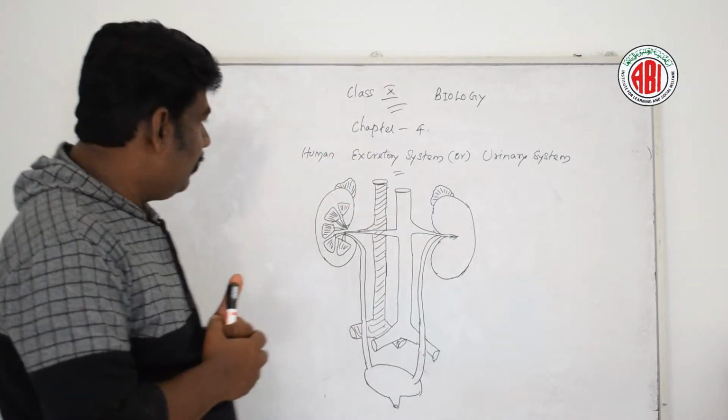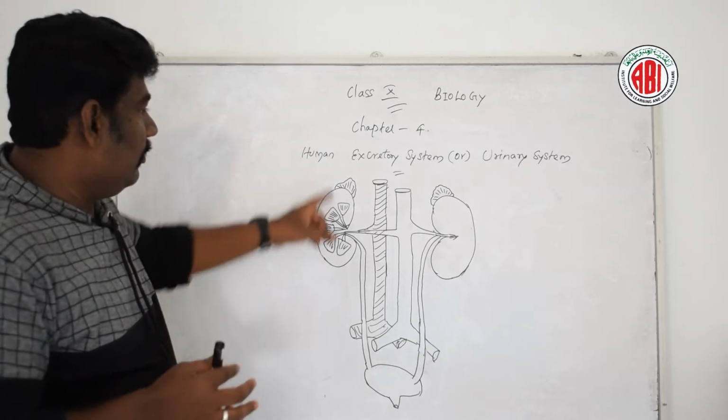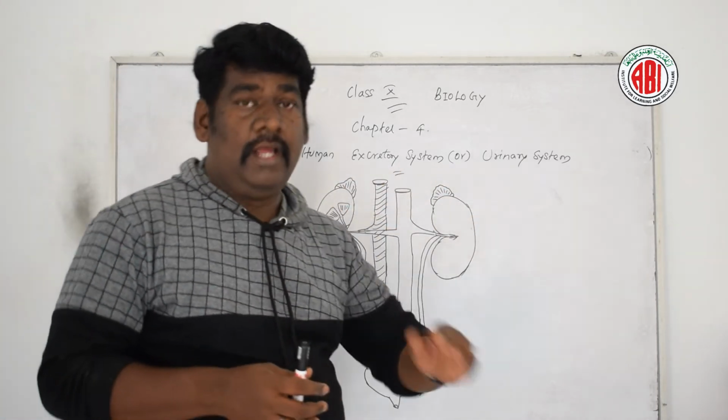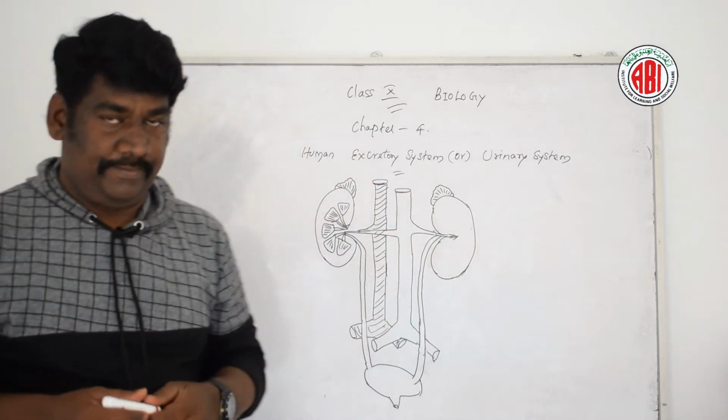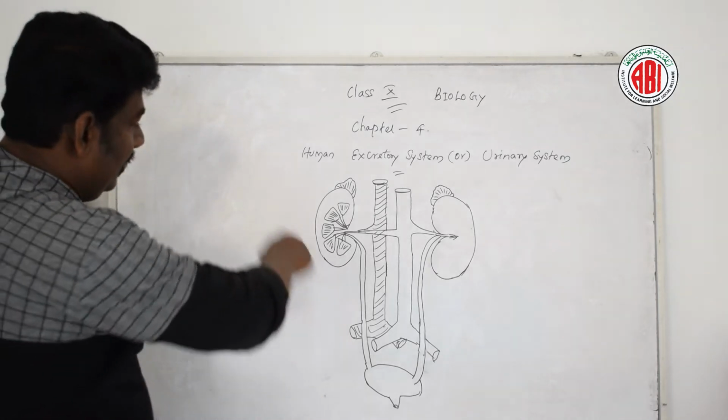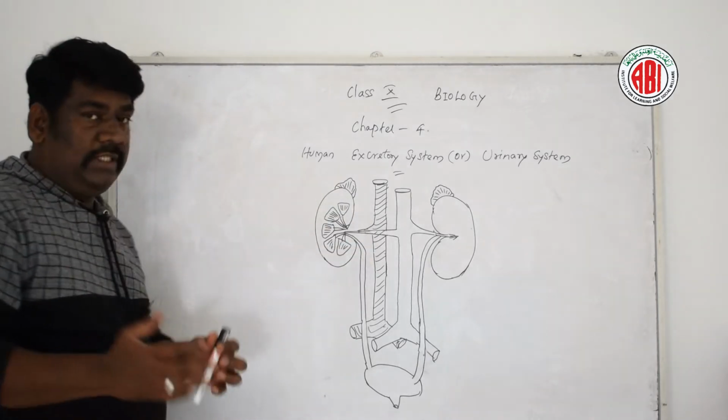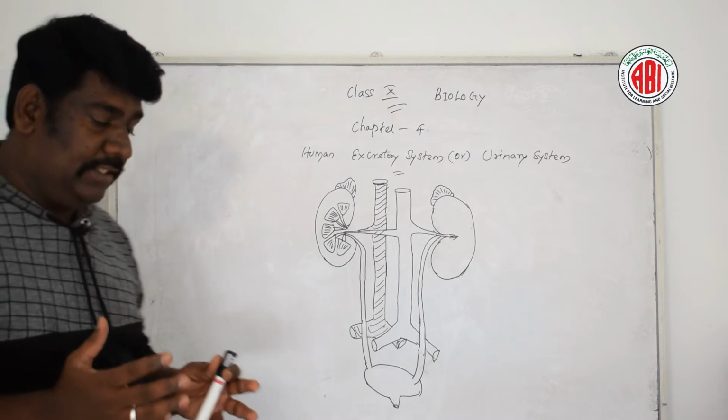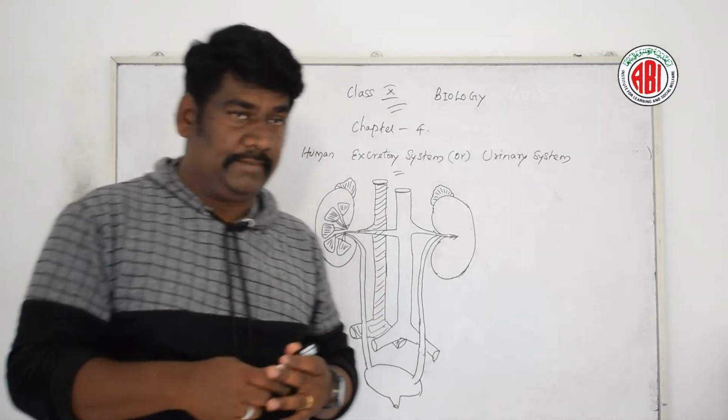First we are going to discuss the human excretory system, or human urinary system. This is a simple diagram. Most students get confused with the urinary system diagram.